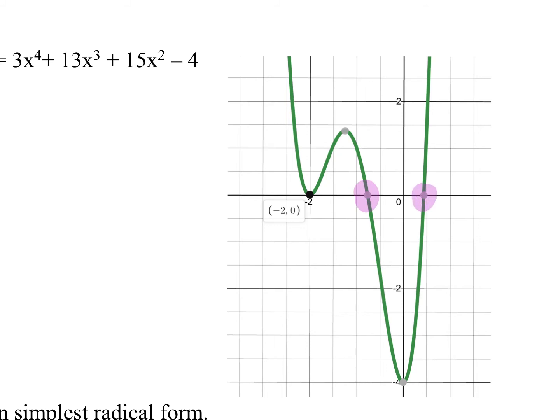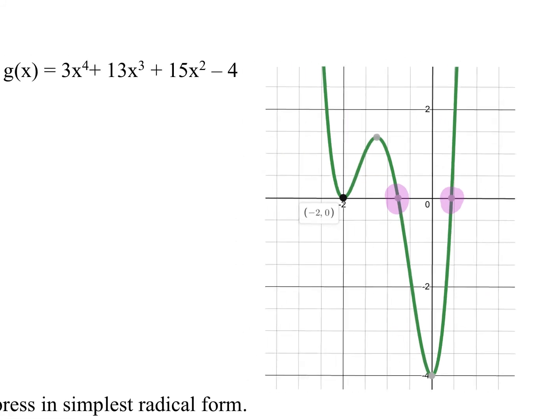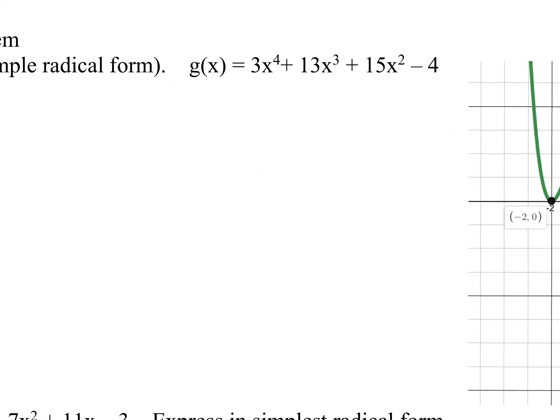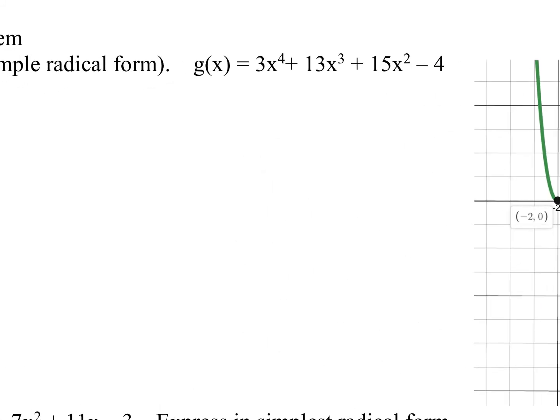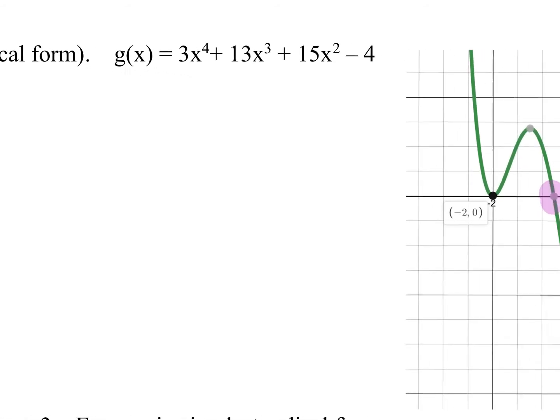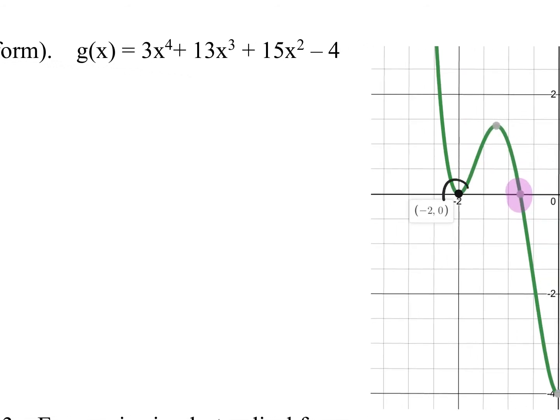Our goal is to find these solutions in fully simplified radical form, so we have to follow a different process. So I know that the value of the function here when x equals -2 is 0. What this allows me to do is chop down my polynomial into a more manageable form. Now, also notice here, this is a double root.